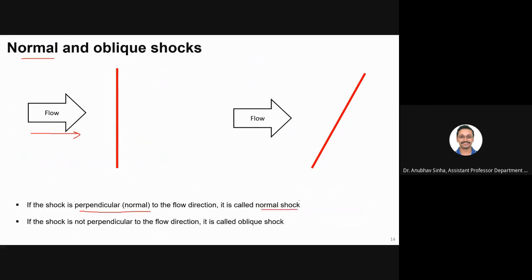If it makes some angle, let us say theta, which is not equal to 90 degrees, then it is called an oblique shock. That is the only difference between them, but it also creates some difference in behavior that we'll discuss in detail. So these are basically some background only.